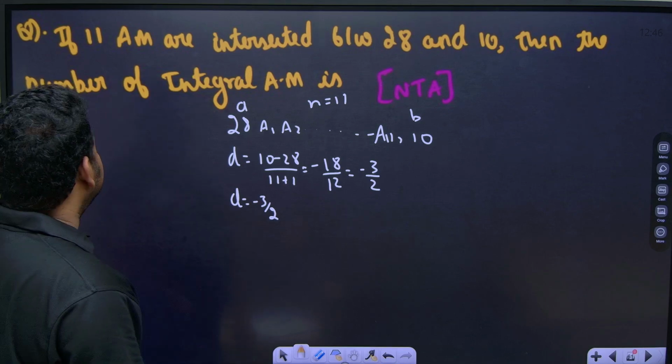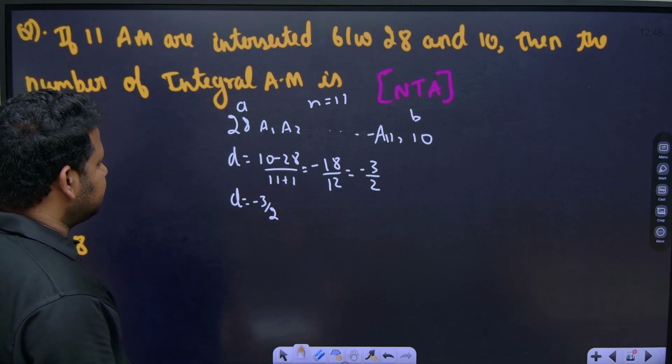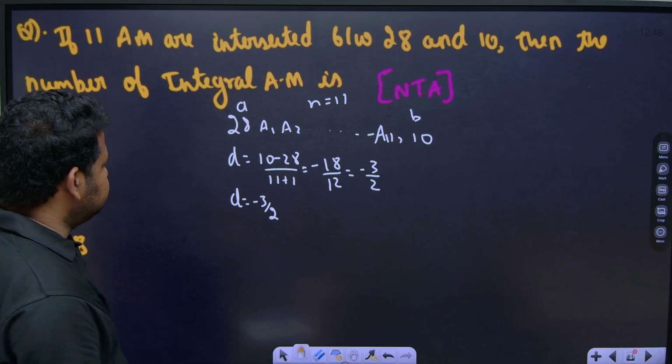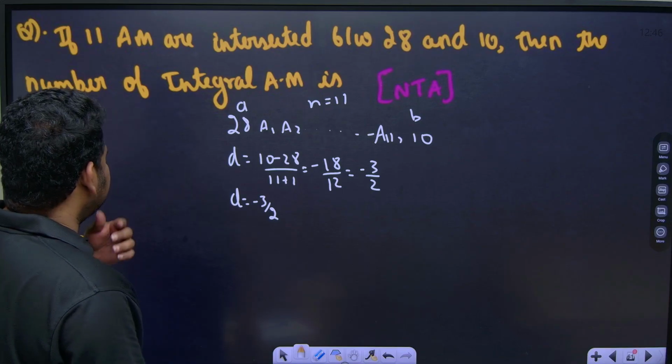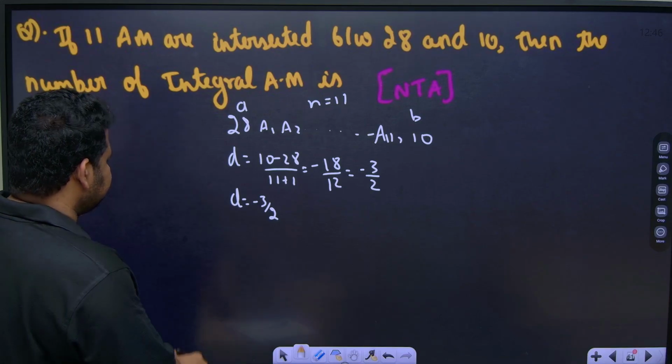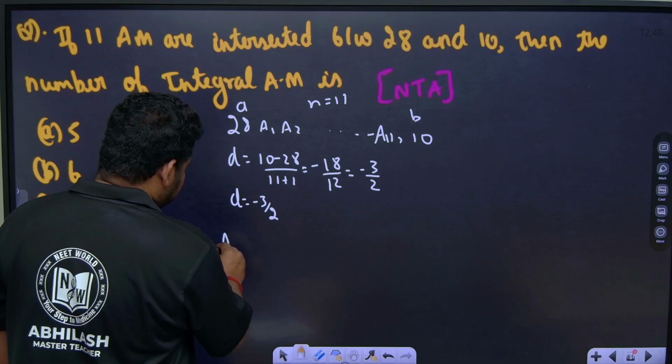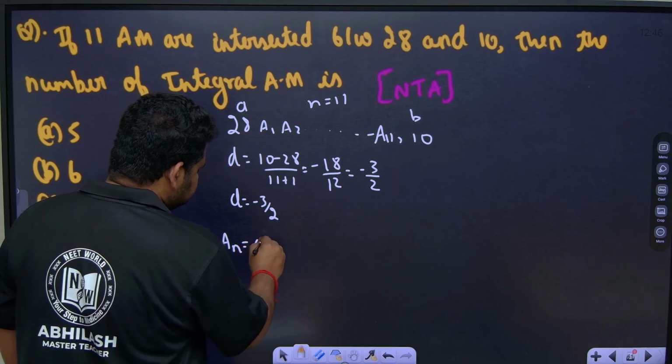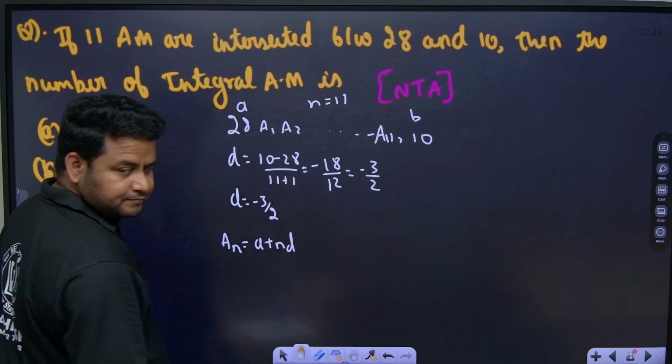Now they are asking for the number of integral AMs. First of all, you must understand that if I write an, I write it as a plus nd, correct?